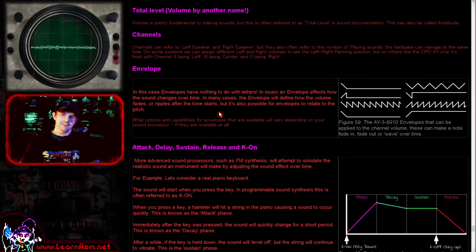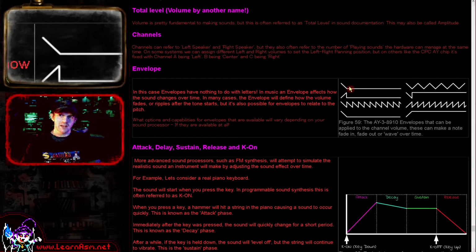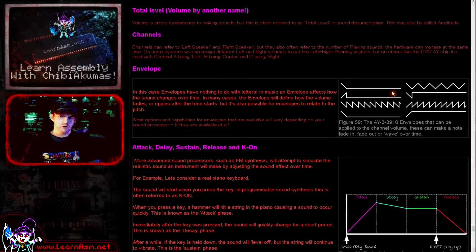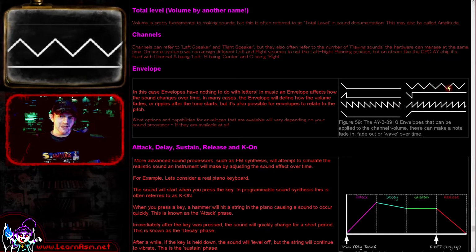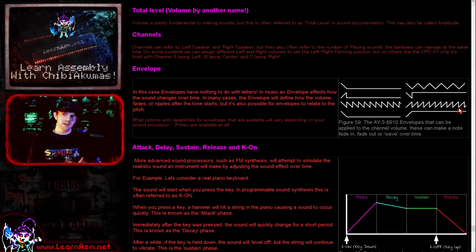Envelope, this is the reference to sound changing across time. How the sound changes will depend on the hardware. In a simple sense, it's usually just the volume, and this allows us to make sounds that will change over time. For example, maybe we want a sound that starts loud and then quickly fades out, or maybe we want one that pulses in and out, or one that fades in. This will depend on the hardware, the options that are available.